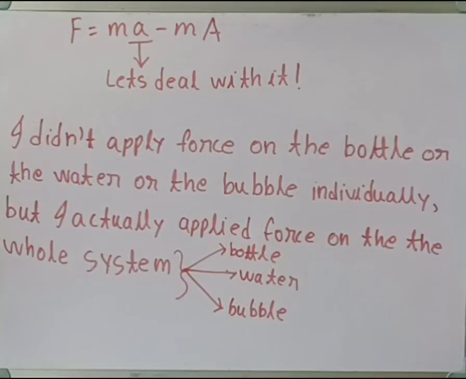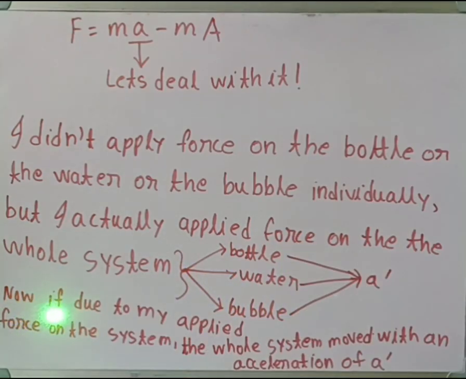Now see that I didn't apply the force on the bottle or the water or the bubble individually, but I actually applied the force on the whole system. It is clear from the video that I applied a force on the bottle, and inside the bottle there was the water and the bubble, so together they all moved. So I applied a force on the whole system, and the system contains the bottle, the water and the bubble.